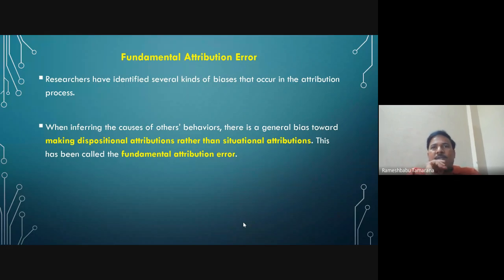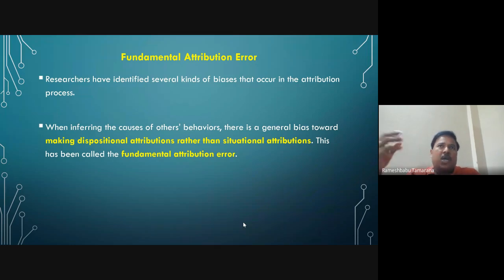The fundamental attribution error says that we make assumptions or see causes by making dispositional attributions, which is basically the belief systems or his own personality, rather than situational attributions.